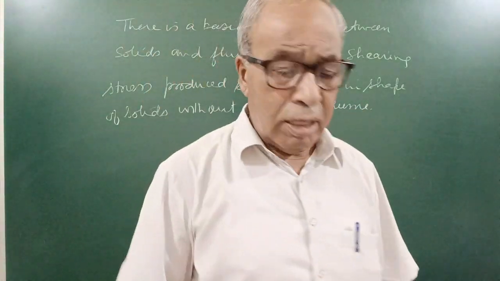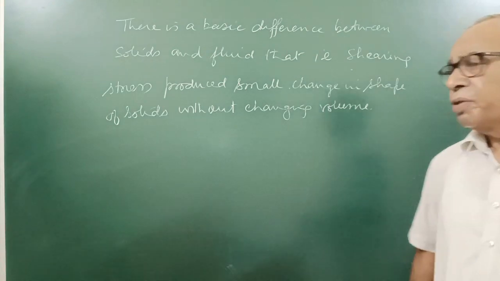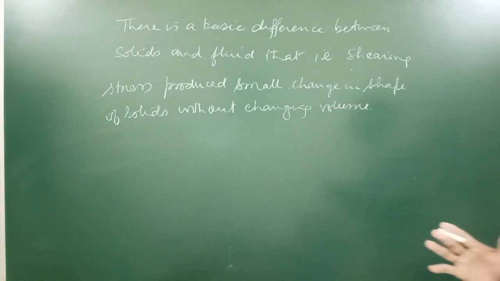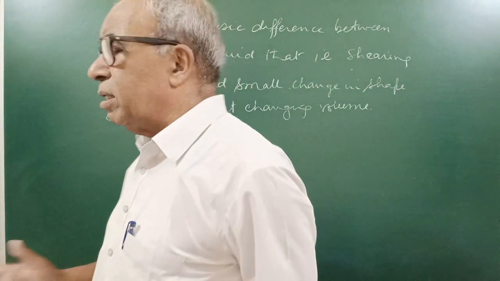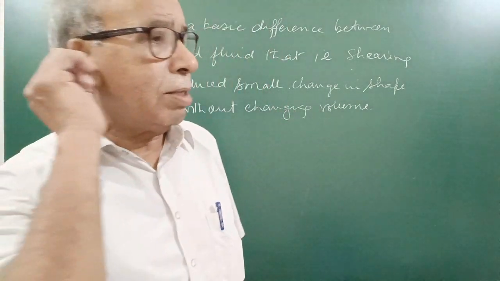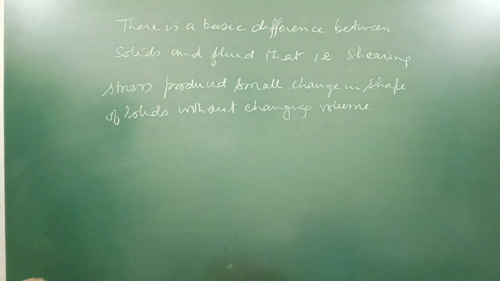That's why we said solids are rigid. Their volume does not change, but shape may change. Just in the last chapter I told you shearing modulus, or modulus of rigidity.